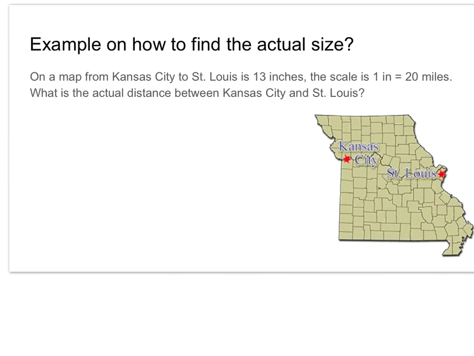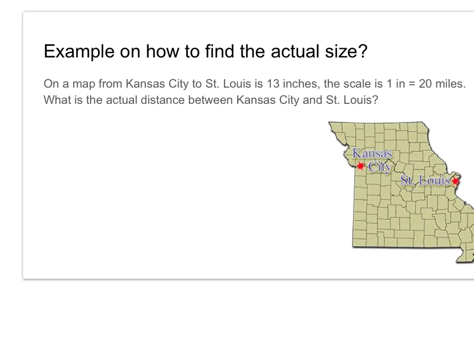Let's take a look at an example of how to find the actual size. When the scale is already given to you, it's pretty easy. On a map, the distance from Kansas City to St. Louis is 13 inches. Obviously we know in real life it is not really 13 inches apart. On the map, 1 inch is 20 miles. We want to know the actual distance from St. Louis to Kansas City.